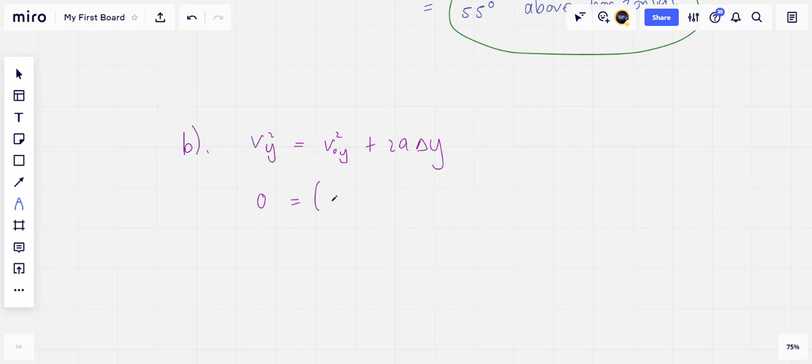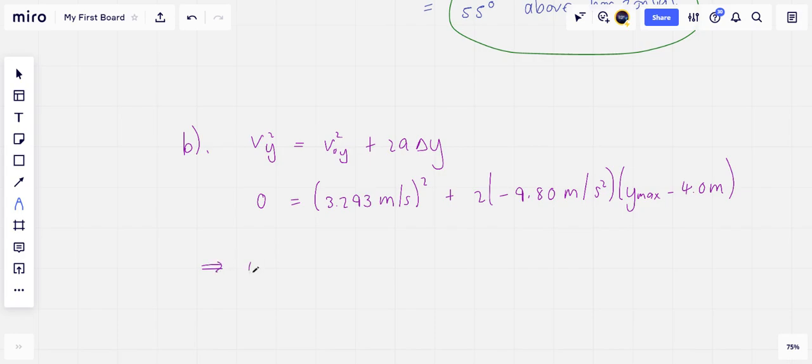Our initial speed in the y direction is 3.293 meters per second squared plus 2 times her acceleration due to gravity, minus 9.8 meters per second squared, times her maximum height, y max, minus her initial height, 4 meters. If we rearrange this equation, we solve for her maximum height, y max, to be 4.6 meters.